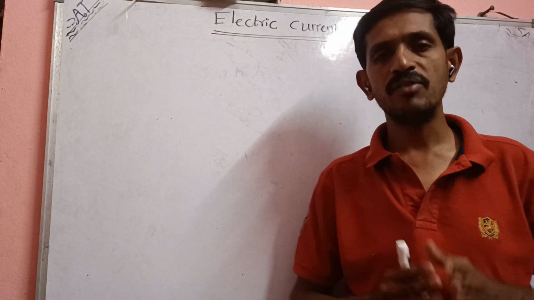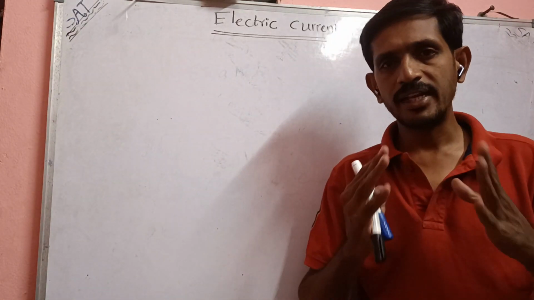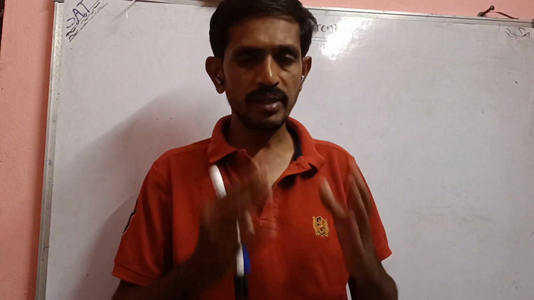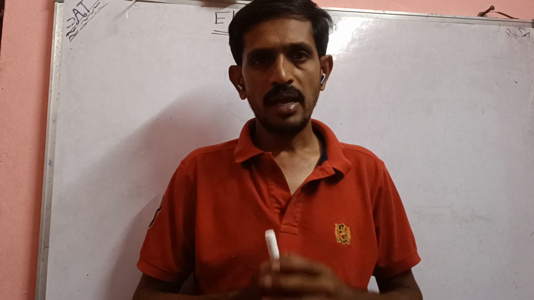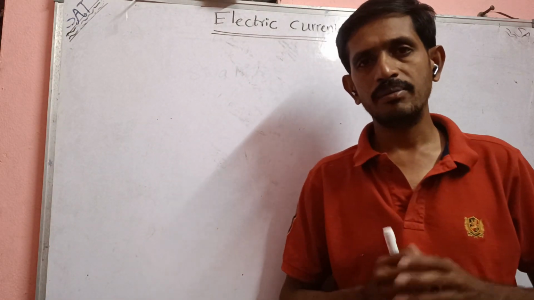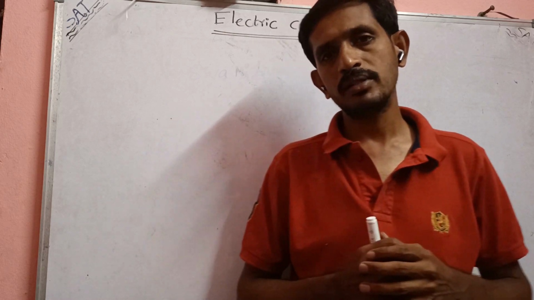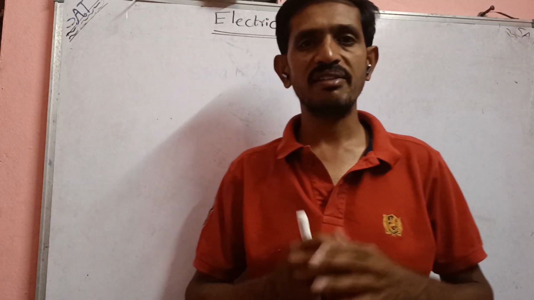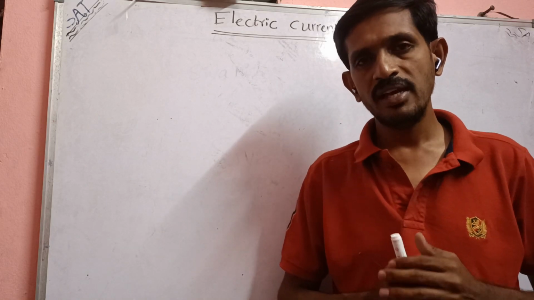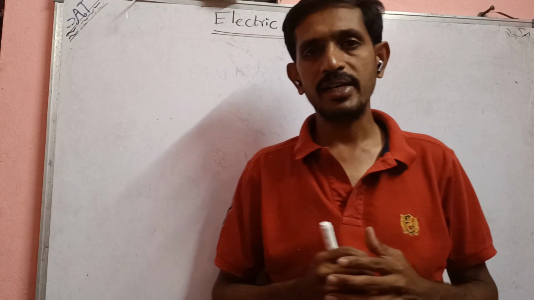We are going to learn the best concepts in 10th class. This year I'm going to start with the most important chapters in physics for 10th class students. The main chapters are reflection of light through curved surfaces, refraction of light through curved surfaces, human eye, electric current, and electromagnetism.